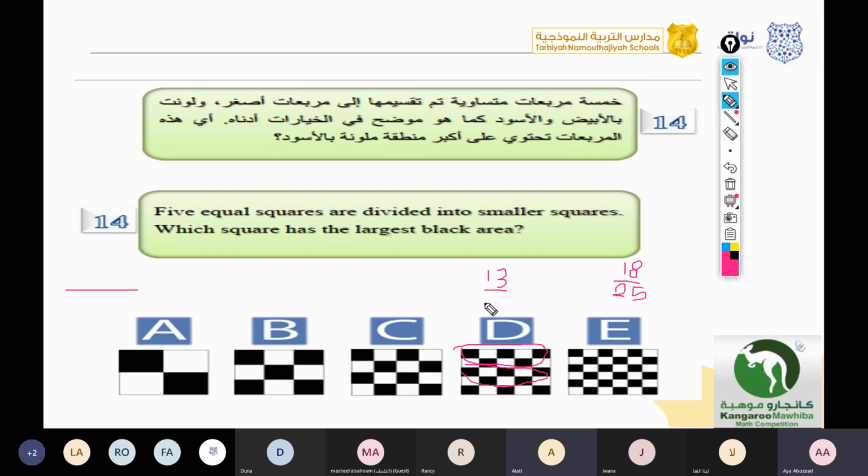And all of this is how many? 5 times 5 also will be 25. So of course this is less. I will cancel D. Let's count from C. 2 and 2 is 4, 4 and 4 is 8, and the total is 4 times 4. So it's going to be 8 over 16.